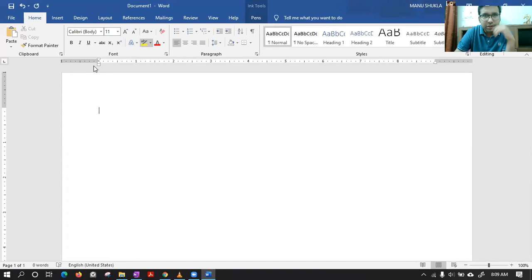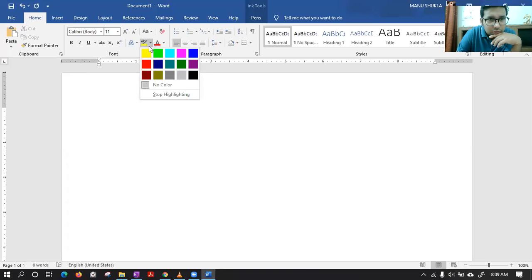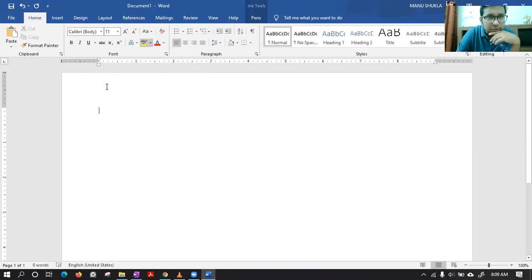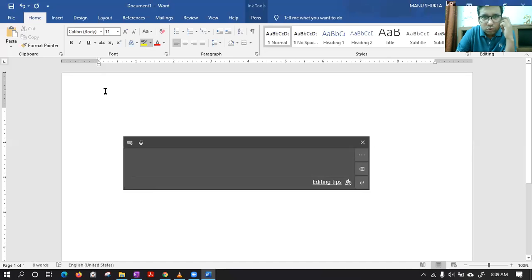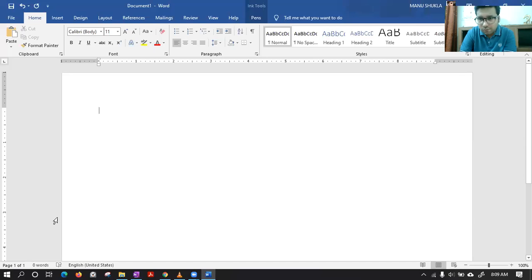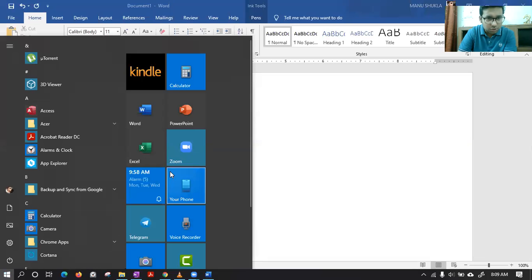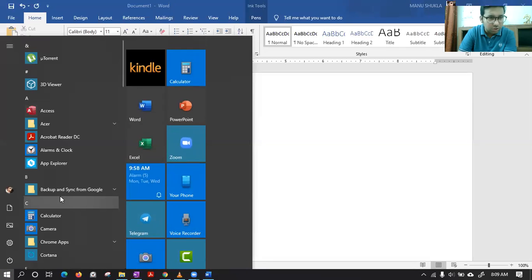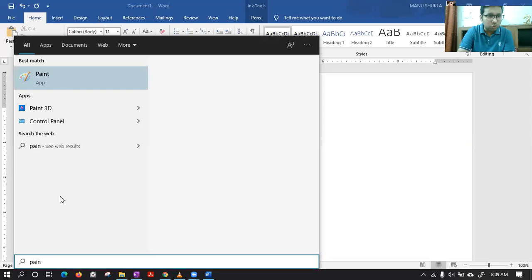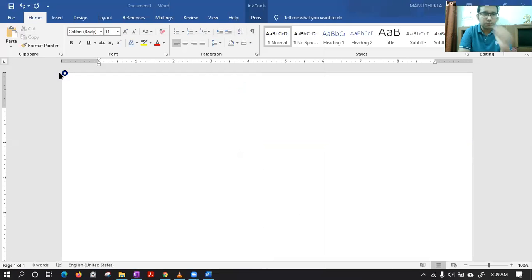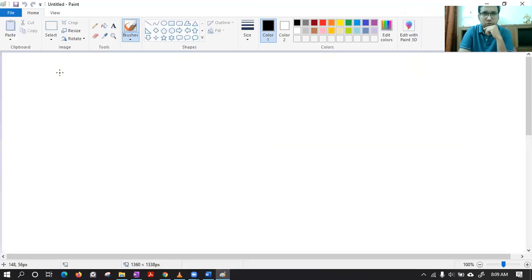Any idea from where we can take that pen or something? This is a highlighter thing. I think paint only we have to go. Let's do one paint today. I will have to see now which option will go for this.